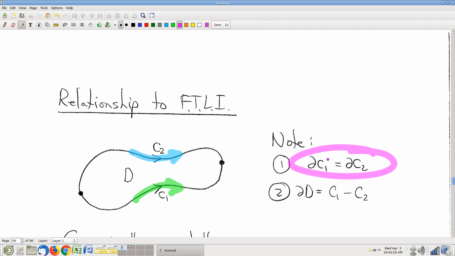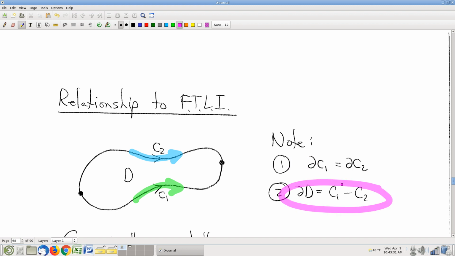It's kind of tempting to say they're oriented the same way. They start and end at the same place, so it seems like they're going the same direction. But from this point of view, they're going opposite, in the sense that C1 is going counterclockwise and C2 is going clockwise. Those are opposites.